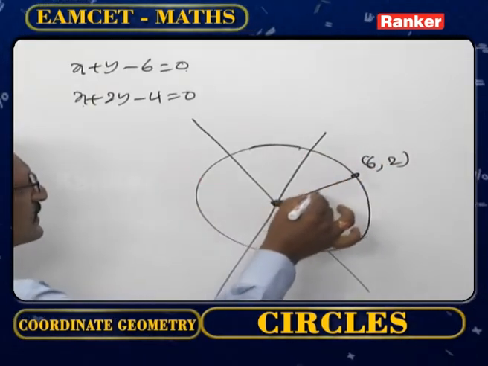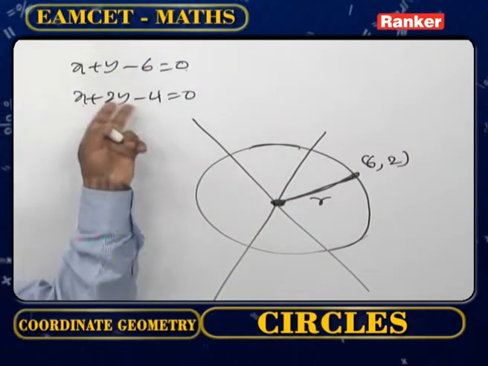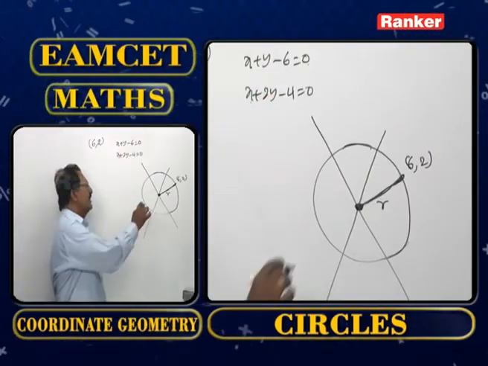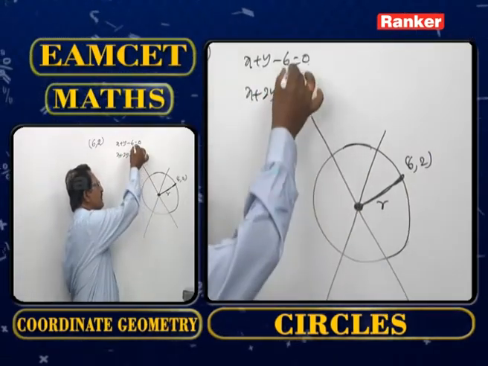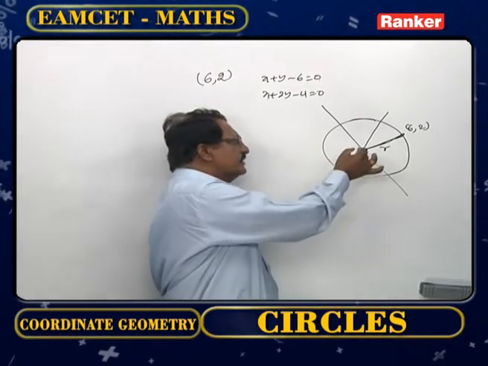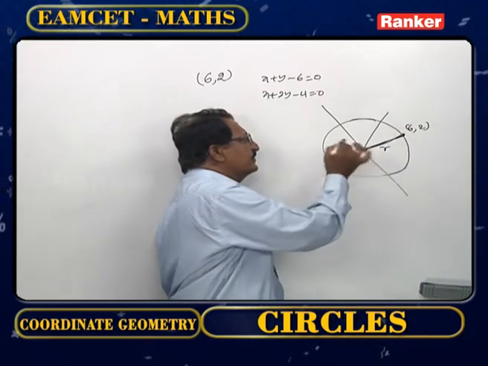Now we need the radius of the circle. By solving the two equations of the two diameters, we get the center of the circle. After that, the distance between the center and the point (6, 2) is the radius of the circle.